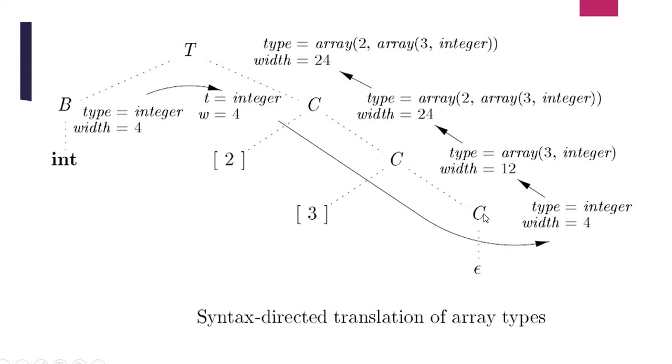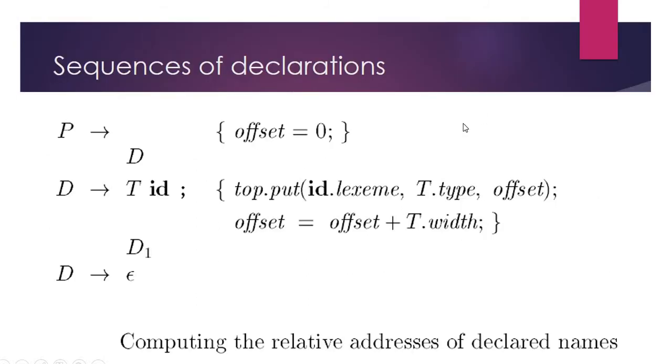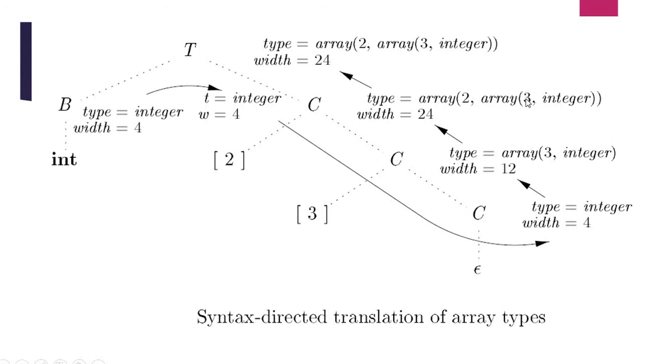To differentiate the parent and children only, we are numbering it as c1 and c2. So here what will come? c1.type will come. c1.type is nothing but array of 3 comma integer. So type equal to array of 2 comma c1.type, where c1.type is array of 3 comma integer, and we have to replace it here.